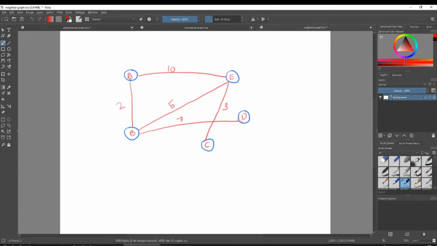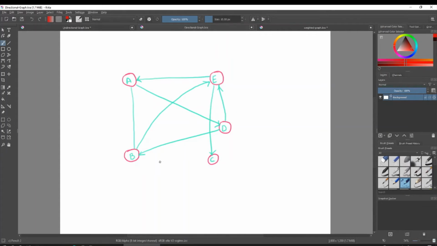So you can see A has a degree of 2, B has a degree of 3, C has a degree of 1 because there is only one edge coming in or going out from vertex C. D has a degree of 1. E has a degree of 3 because there are 3 edges connected to vertex E.